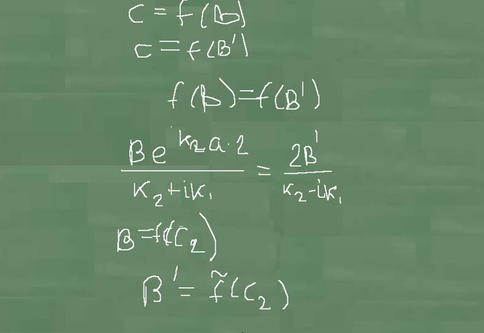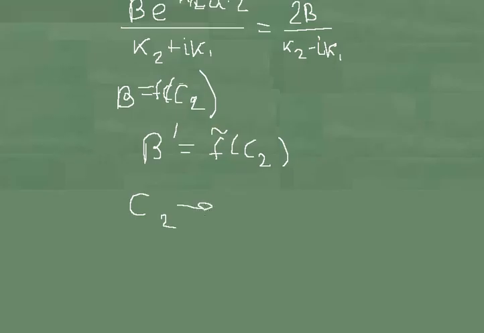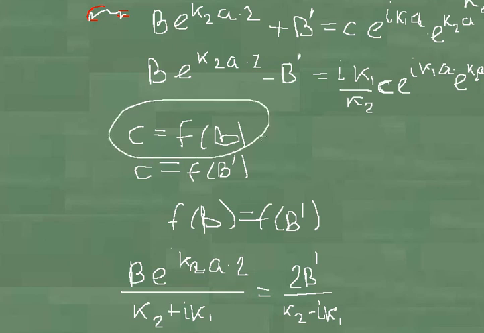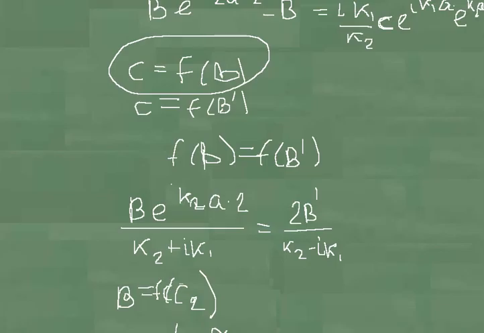Okay. And you'll write some equation, and after this step we'll find C2 as the result from the energy and so on, and then we will write B as a function of C2, and then use this formula. This connects C and B. That's all these steps.